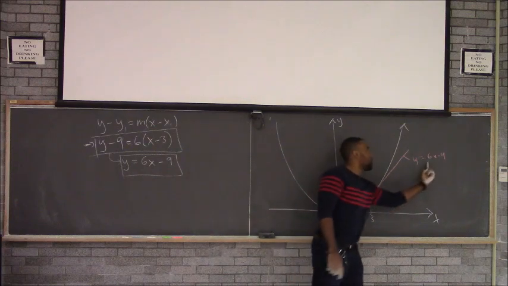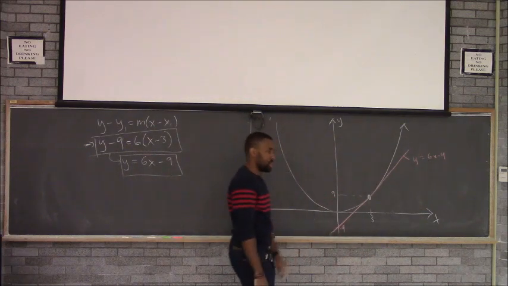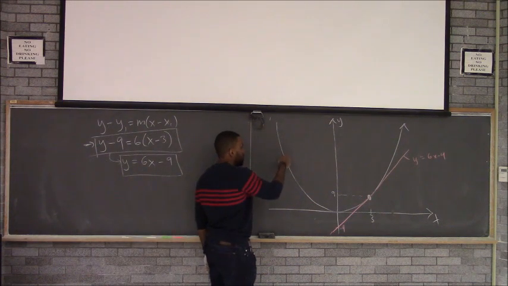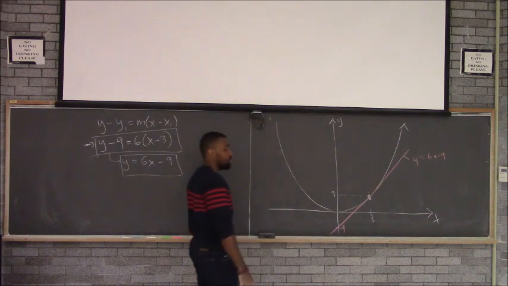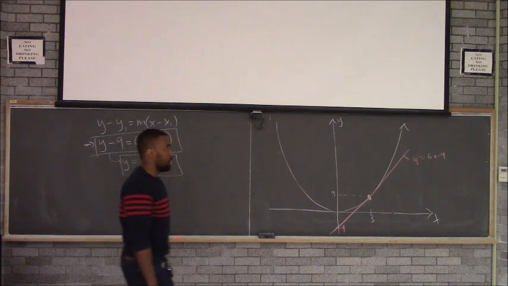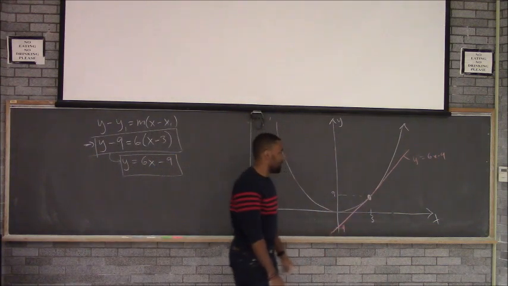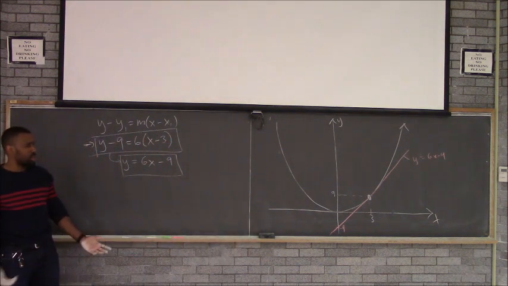And once we know the slope of that equation, we actually know how fast something is moving along here. So if I put a point here and I say it's moving at 1 x unit per second, I know that it's moving at 6 y units per second at that point. So at this point, the y value is increasing 6 times as fast as the x value. That's another way to do it.